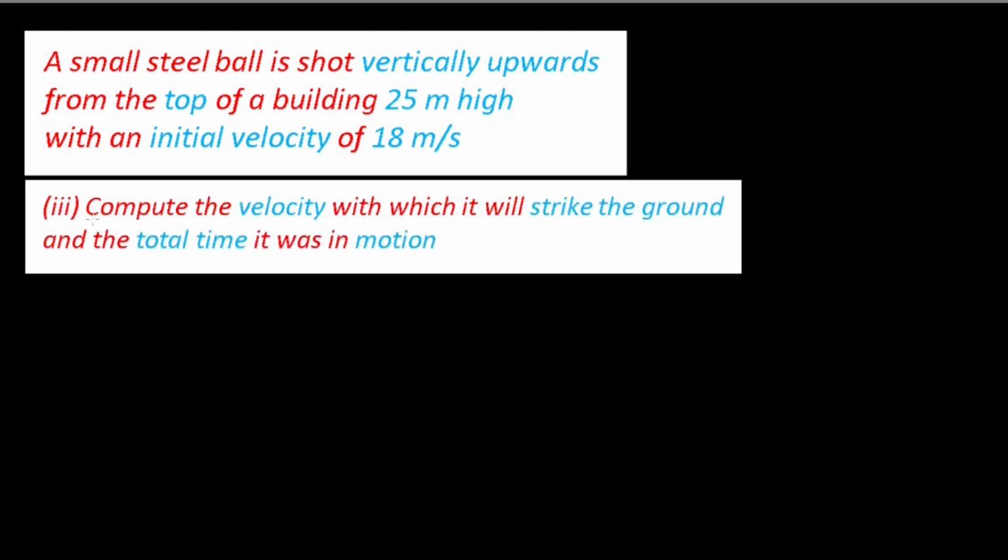The third question is compute the velocity with which it will strike the ground and the total time it was in motion. Now the ball has started moving down. Its initial velocity is 0, and since it's moving down, its acceleration will be plus g.